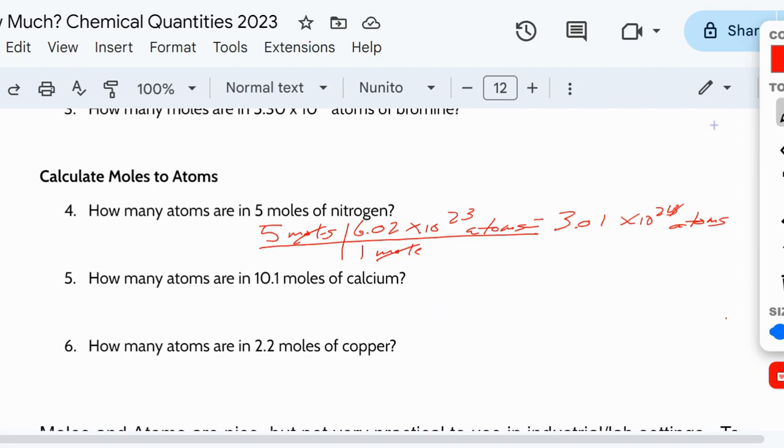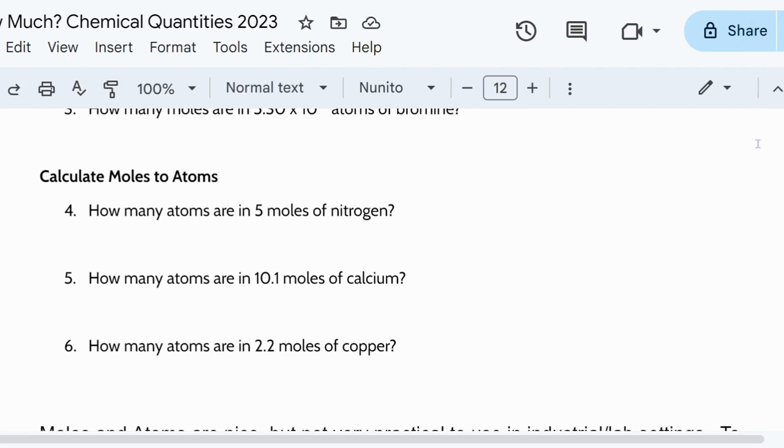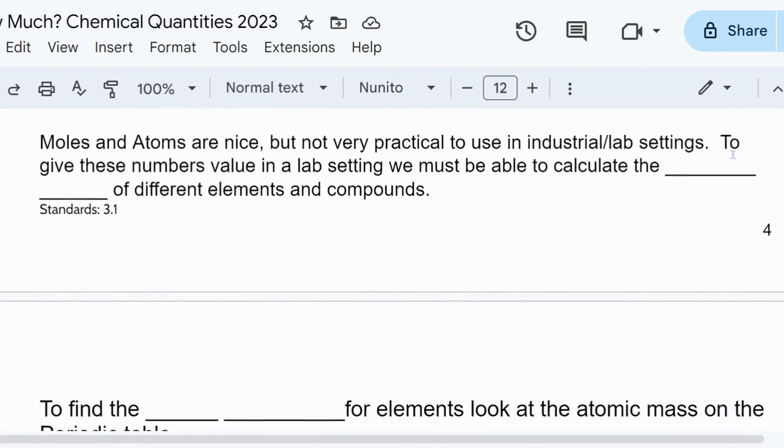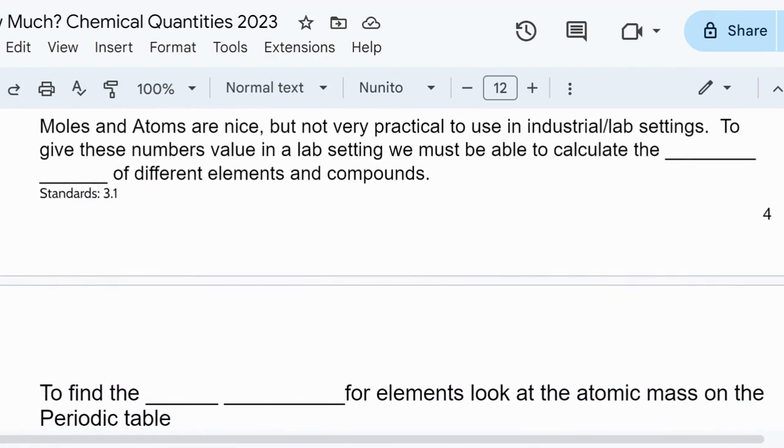Now, what we see is that moles and atoms are very nice, but they're not useful in a lab setting, so we have to change it to grams.